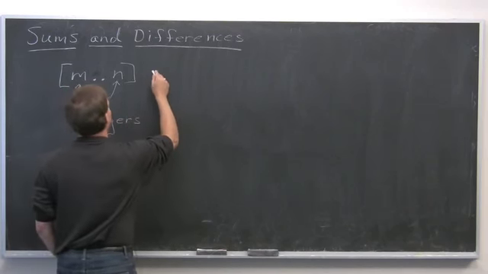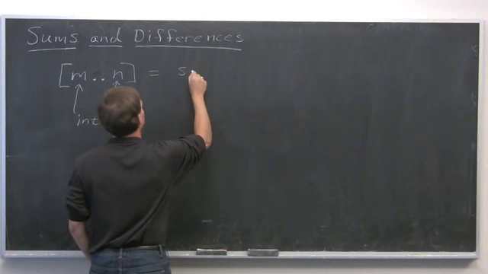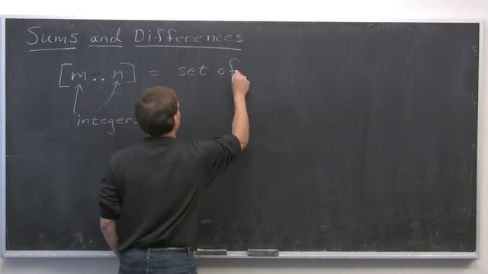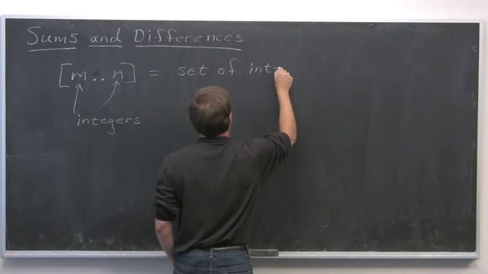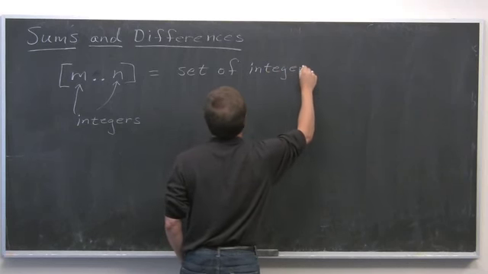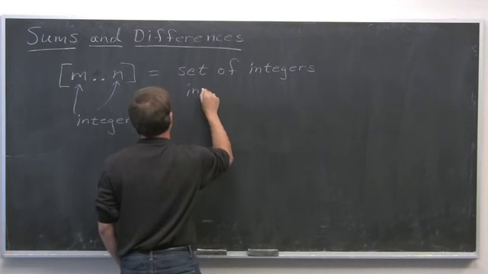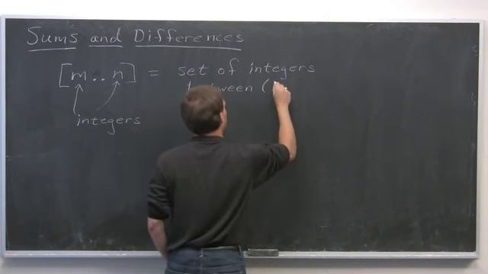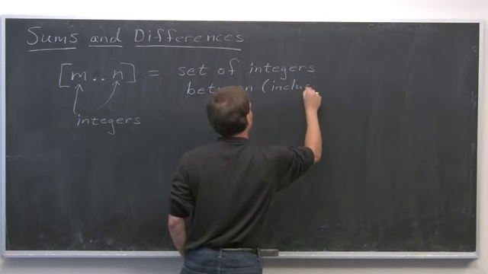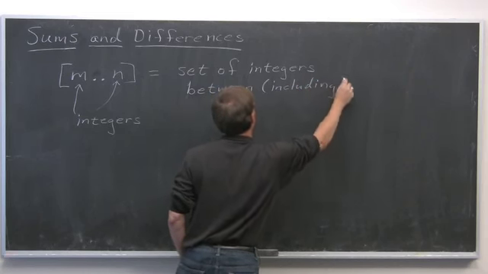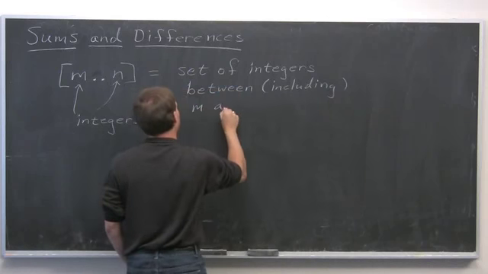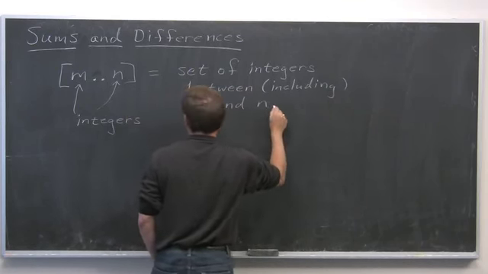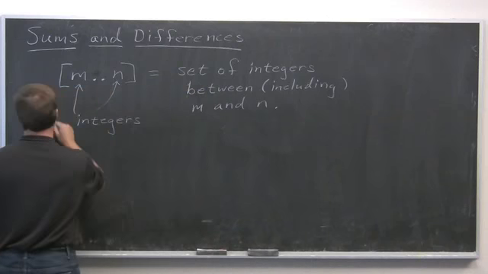This will be the set of integers between m and n, including m and n. Between is kind of ambiguous, I mean including m and n. So I'll call this an integer interval.